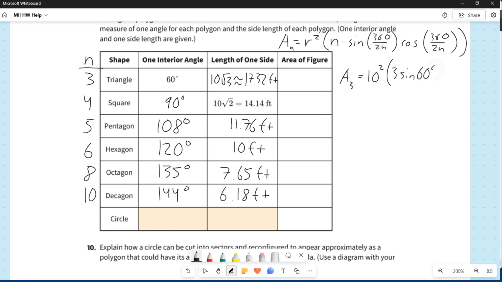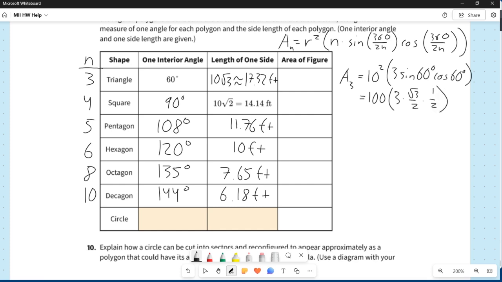So this becomes the sine of 60 times the cosine of 60. If you're a little shaky on your trig, you could plug this in, but make sure that the 60 is inside parentheses. However, if we know our trig ratios, this is going to be 100 times 3, times the sine of 60, which is the square root of 3 over 2, and the cosine of 60, which is 1/2.